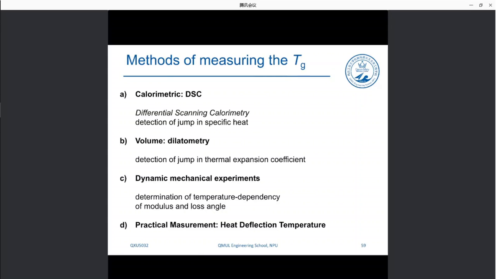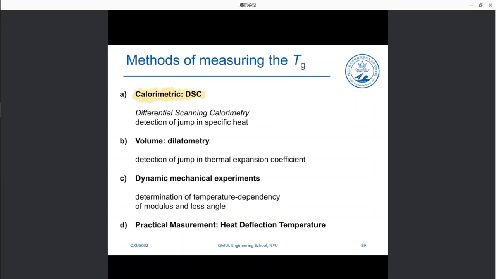So DSC is a very, very important calorimetric technique, which helps us observe thermal transitions in polymers by heating or cooling them at different rates.